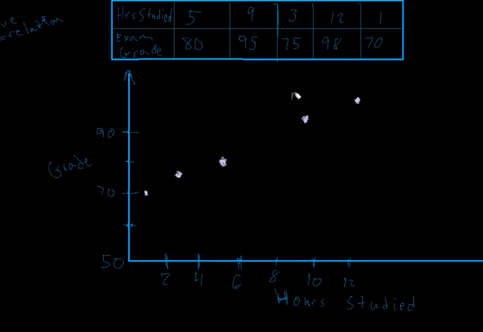Okay, so now I'm going to create a line of best fit here. This looks to be a positive correlation: as the values of hours studied increase, the grade also increases. So my line of best fit looks to go something like that.